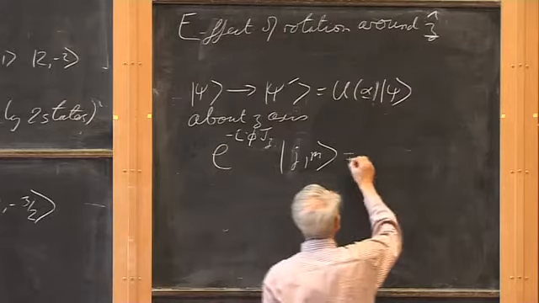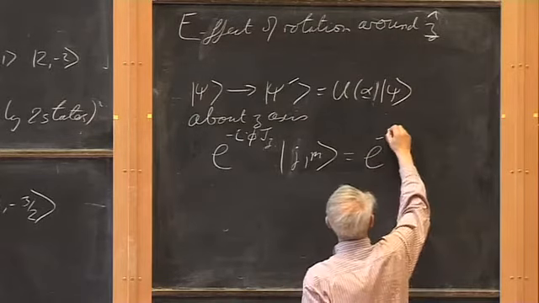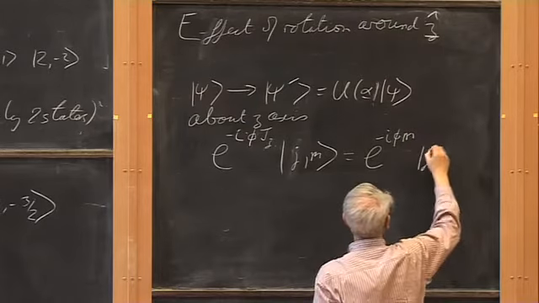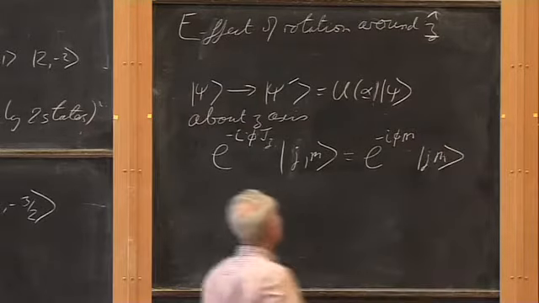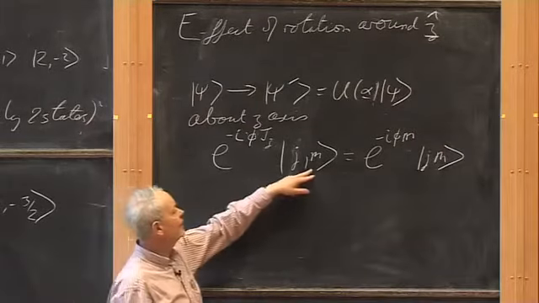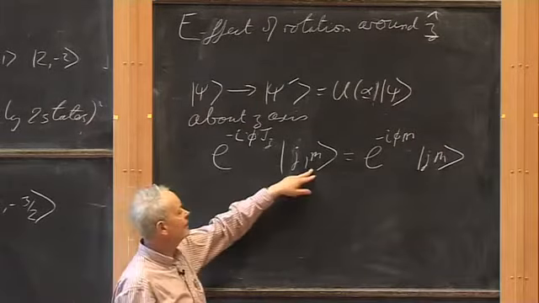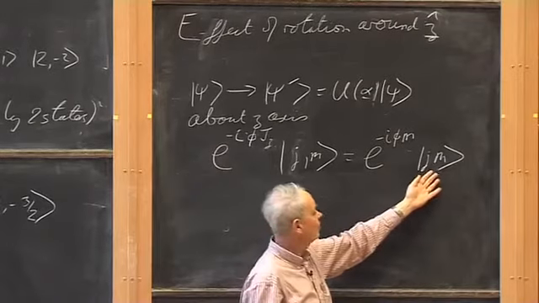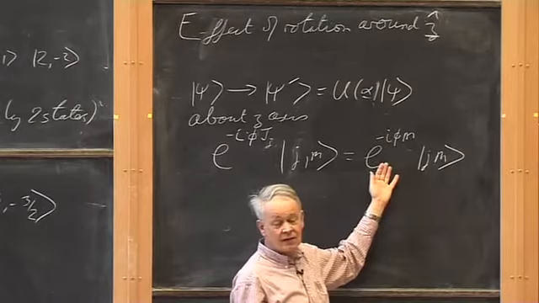So this is e to the minus i phi m times jm. One of these eigenstates, when you rotate it using this rotation operator, produces the same state multiplied by this phase factor.